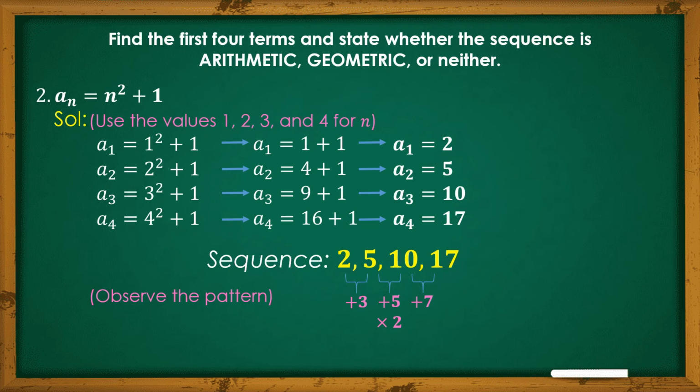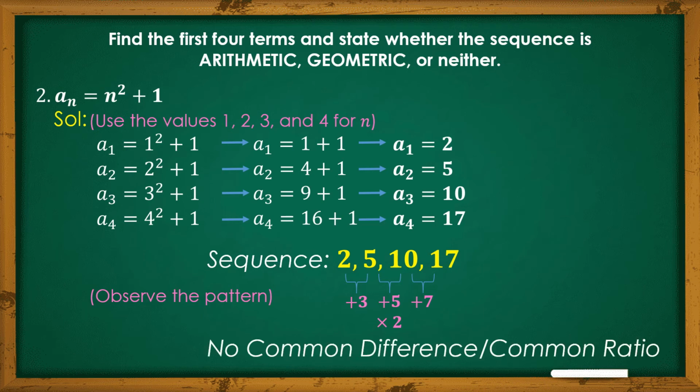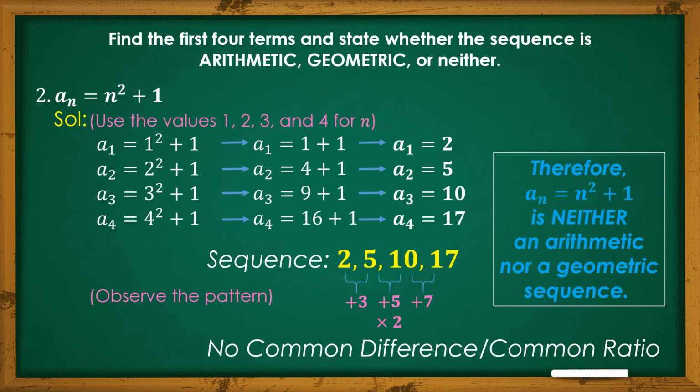We can get 10 by multiplying 2 by 5. But wala tayong mahahanap sa 17 galing sa 10. So meaning, no common difference and no common ratio. Therefore, yung ating given ay isang sequence lamang. Neither an arithmetic nor a geometric sequence.